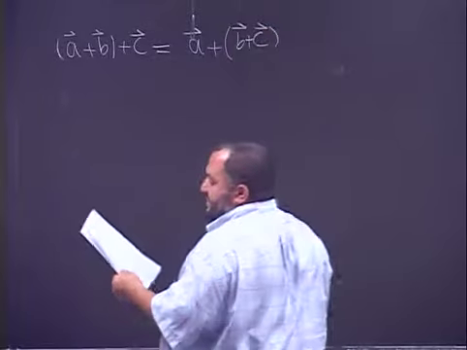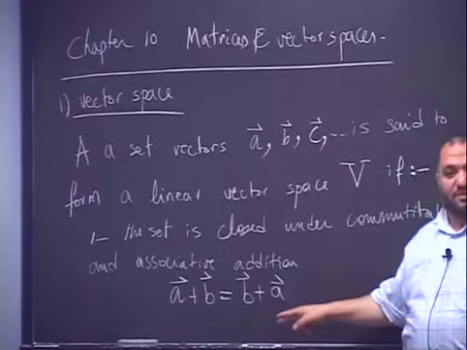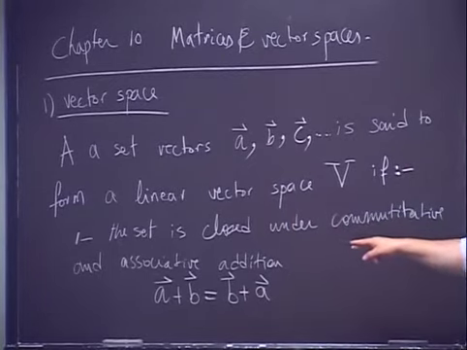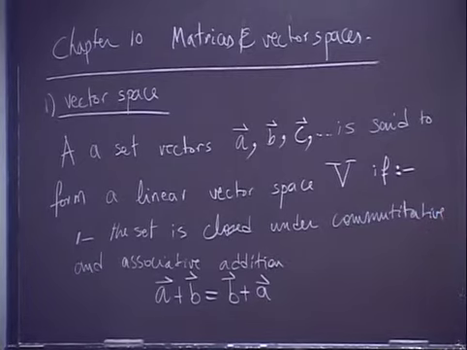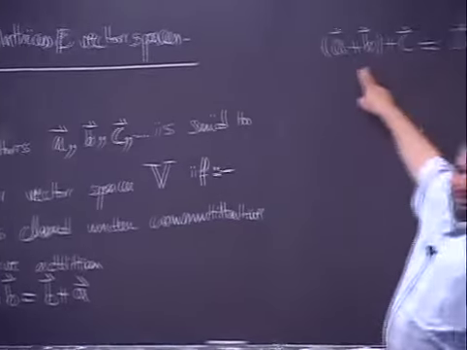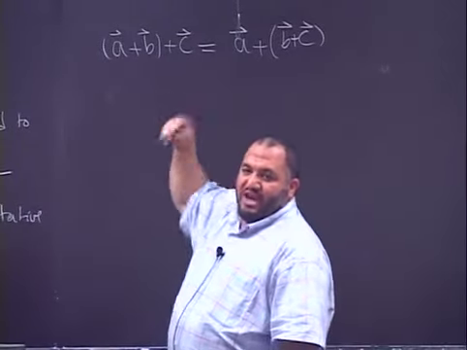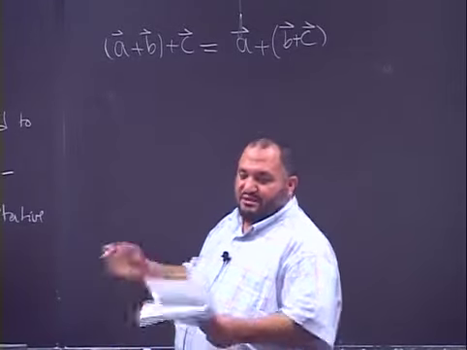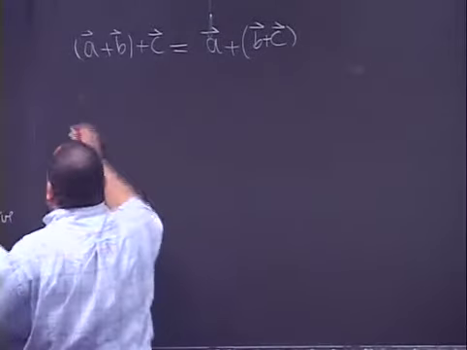If we have these two properties, the summation A plus B and B plus A will be the same vector, and it will belong to the same set of vectors A, B, C, D. It will not give me a vector outside this set. And also the associative property will give me a vector that already exists in the same set. It's not outside the set. So this is the first property.